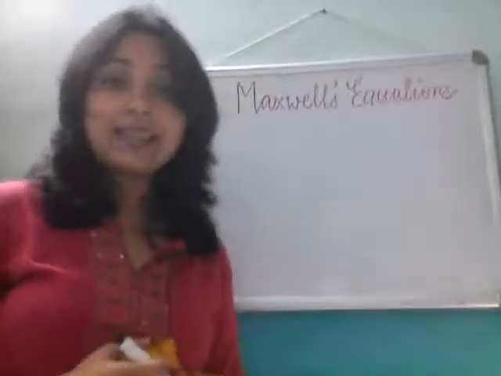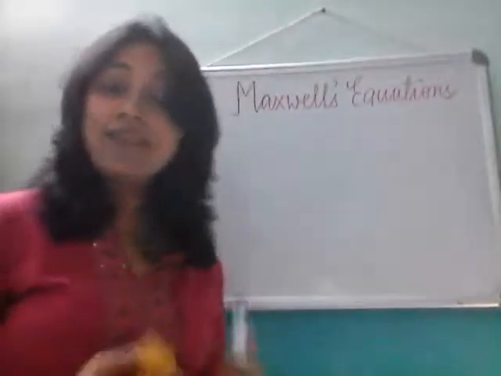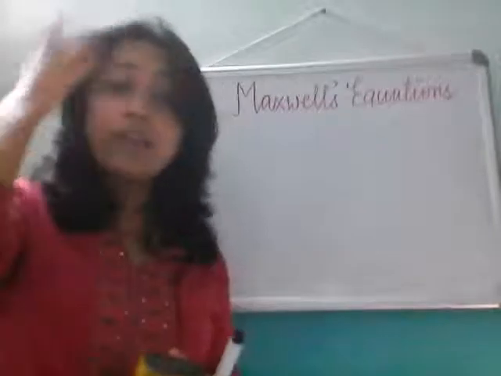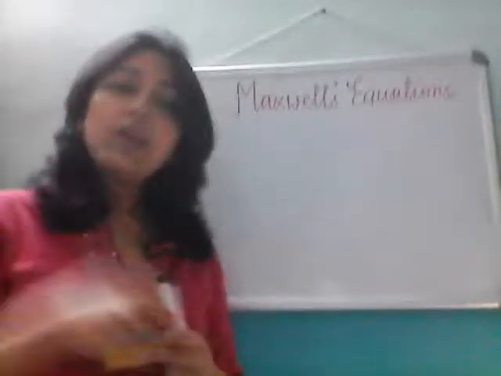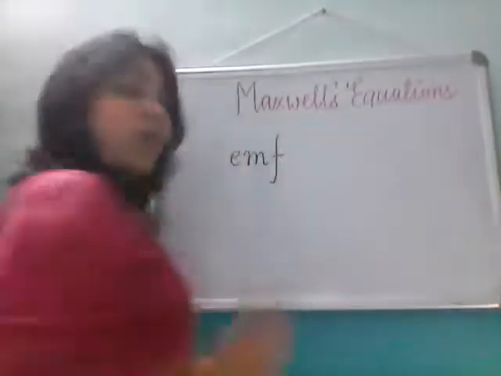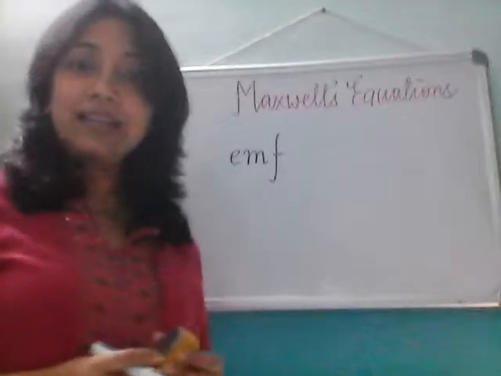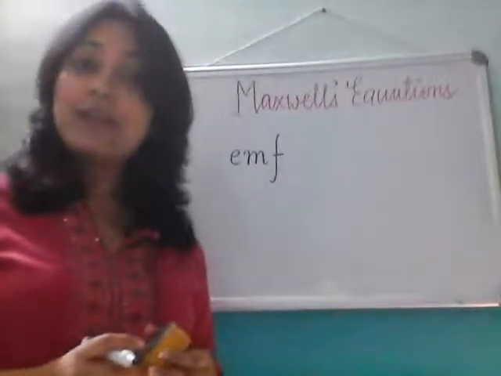Now, the second point, which is very important as well, is the EMF in the circuit. Now see, we are going back to our electricity classes. When I say EMF, the electromotive force in a circuit, there is a presence of current, right?